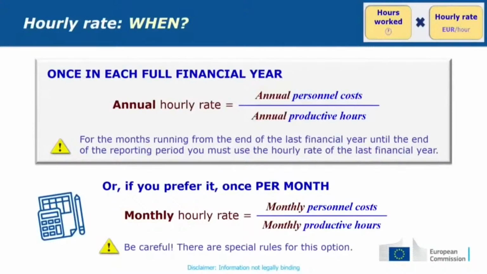If you say, well, I prefer this, I don't care about all the additional administrative work because of the monthly calculations, I insist on 12 rather than one in a year, I want to go down that line.